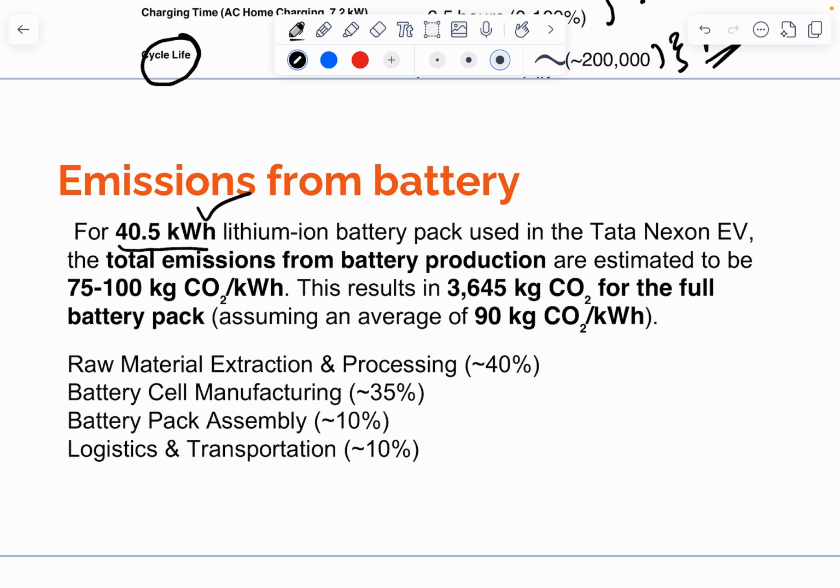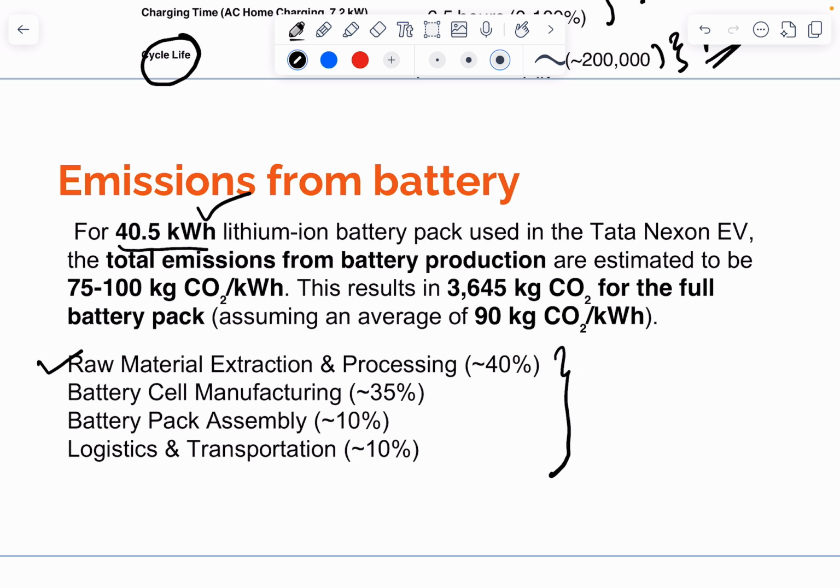There are very interesting papers, but the recent paper which I had referred to gave me this figure. Broadly, about 40% would go into the raw material extraction, the energy required, and hence the emissions from that.